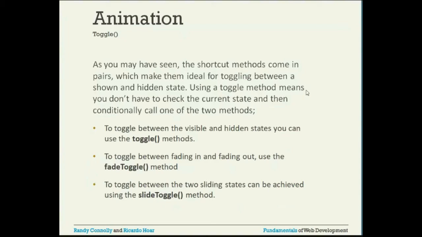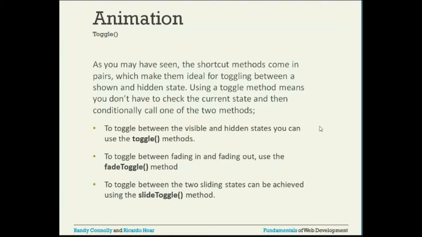If your requirement is like that, then you can use the toggle method, where you need not worry about the current status. It will check whatever the current status is and toggle it. If it is hidden, it will make it appear. If it is already displayed, it will hide it. As you may have seen, the shortcut methods come in pairs, which makes them ideal for toggling between shown and hidden state.